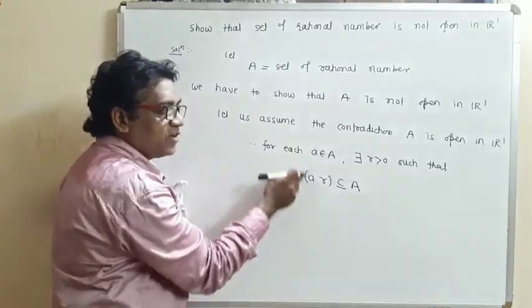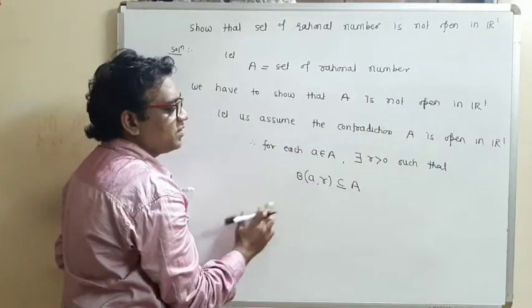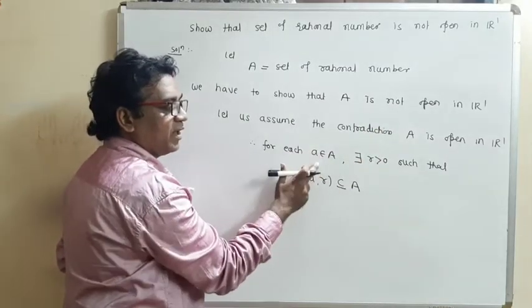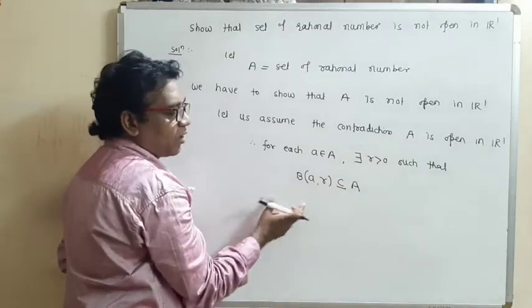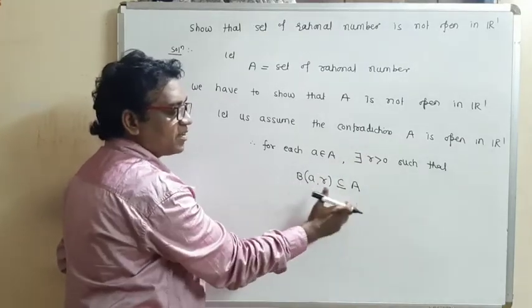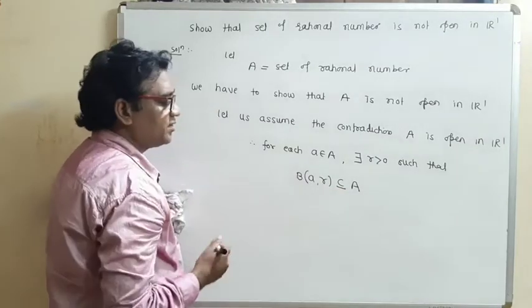We are using the definition of open set, because A being open means for each a belongs to A, there exists a radius greater than 0 having this condition: the open sphere B(a, r) is a subset of A.